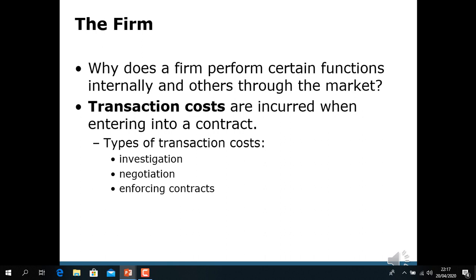Second one, negotiation costs, for decision or executing contracts. And then the last one is enforcing the contract, which is the cost of detailed monitoring fees. The negotiation process itself can be very long and costly.